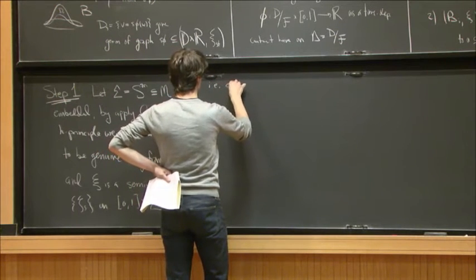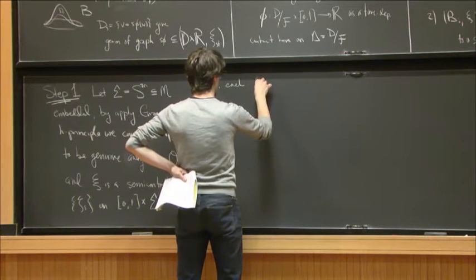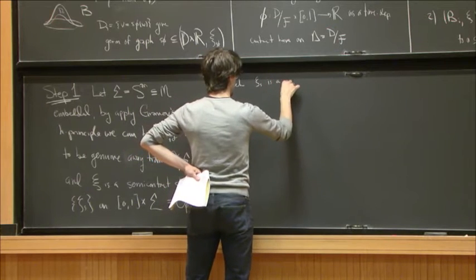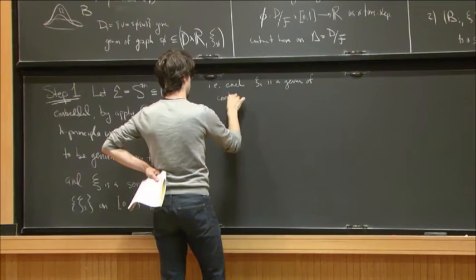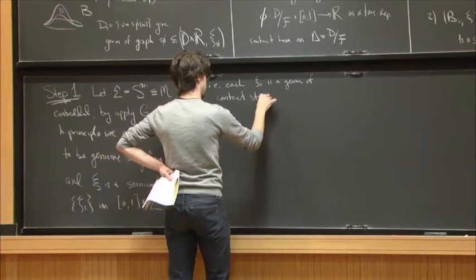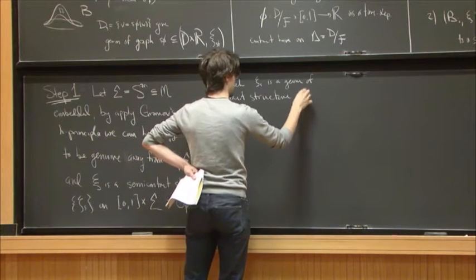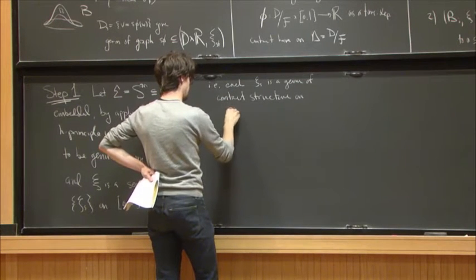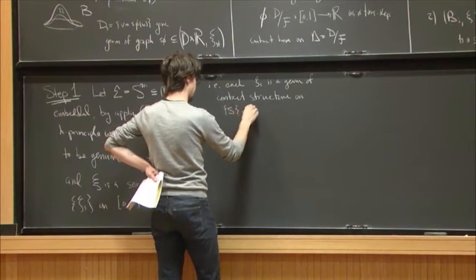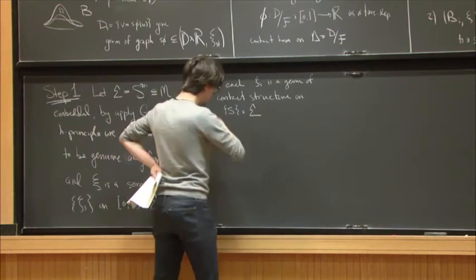I.e., each is a germ of contact structure on S cross sigma.